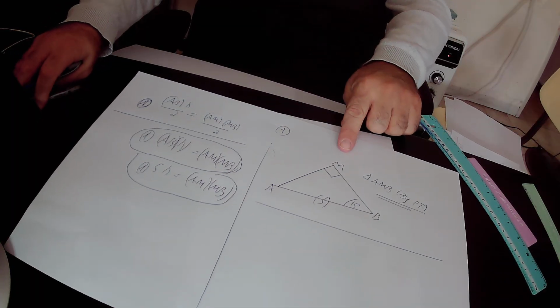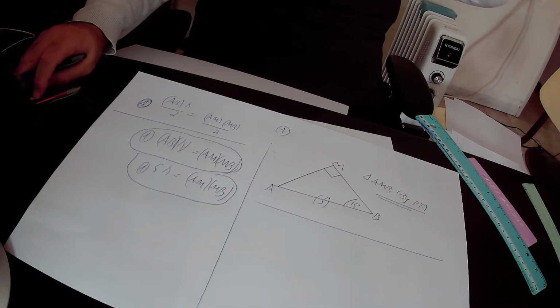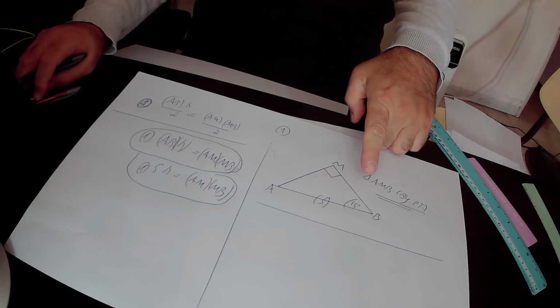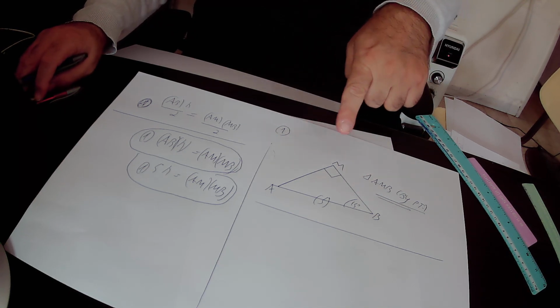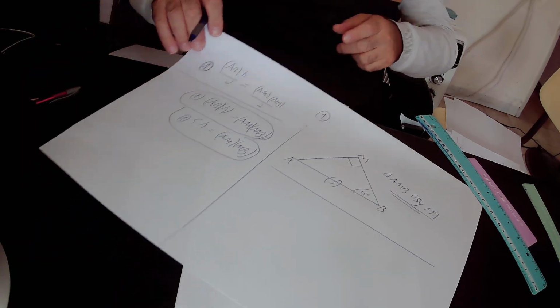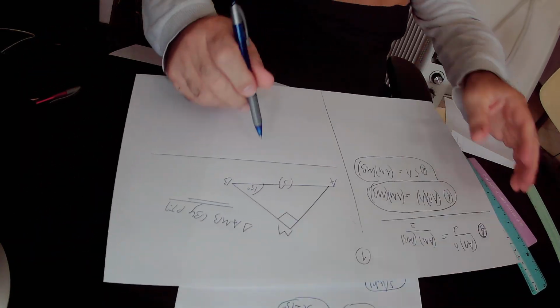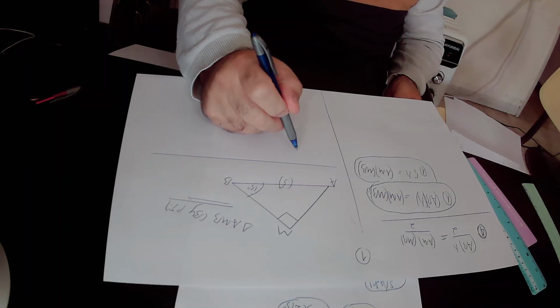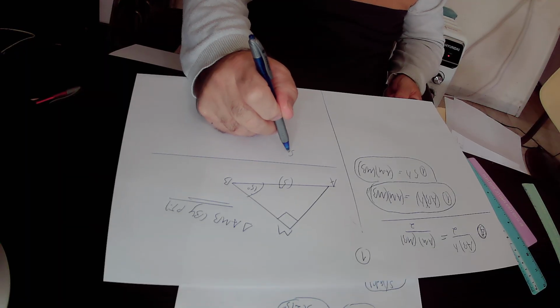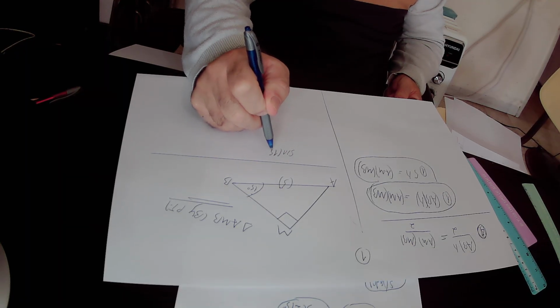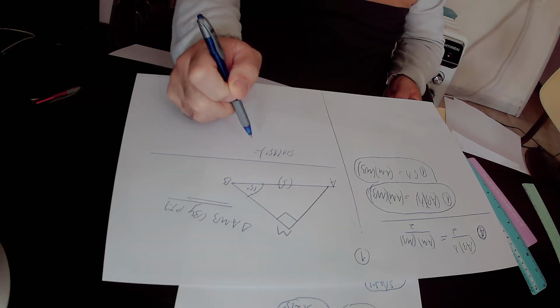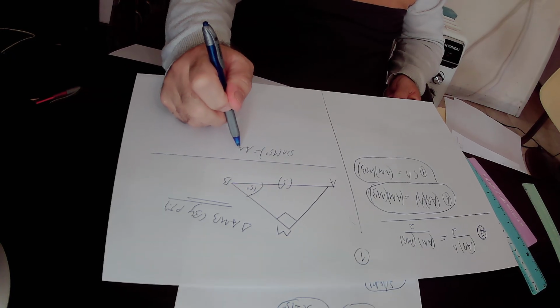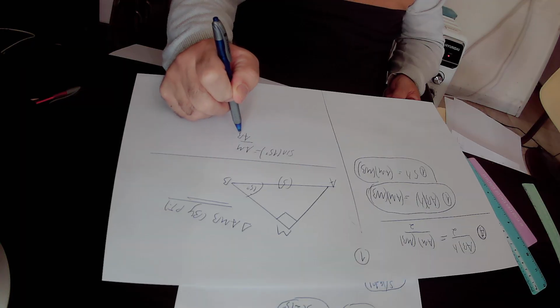So actually, this is the right triangle AMB that is coming from the original drawing. In this right triangle AMB, sine 15 degrees equals AM over AB.